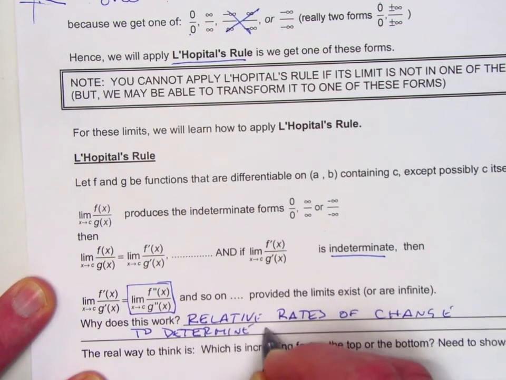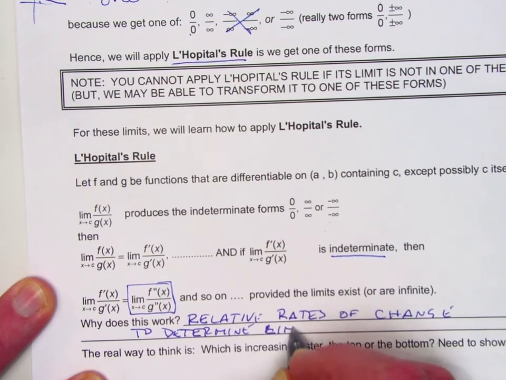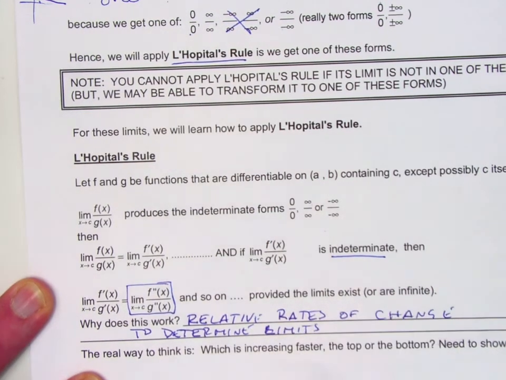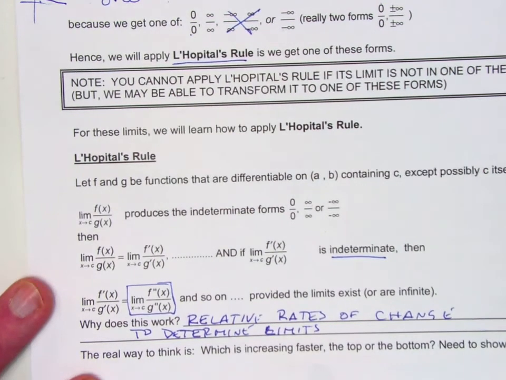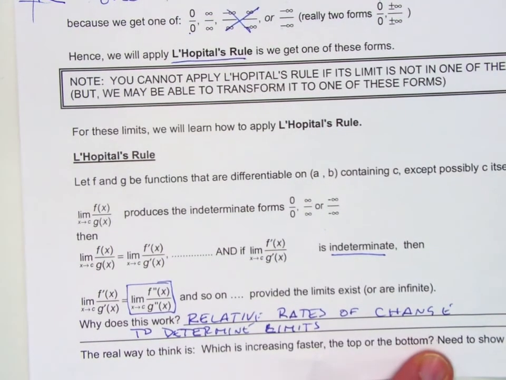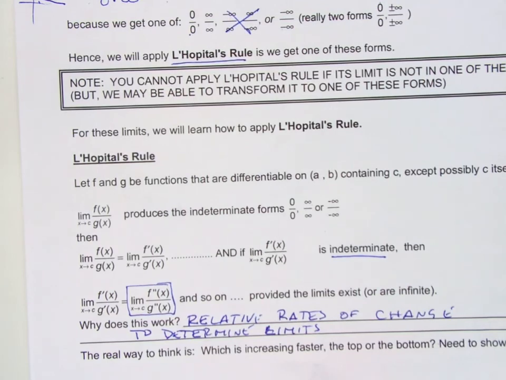And really what that's saying is which is increasing faster, the top or the bottom, but we need to show some proof on this. So we're going to do a couple of the examples. I'm going to chop it off after the first 4 on this video.